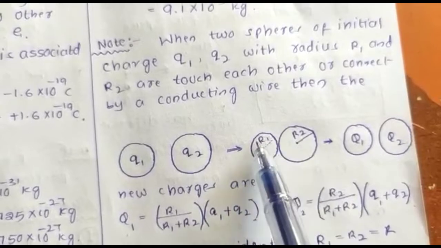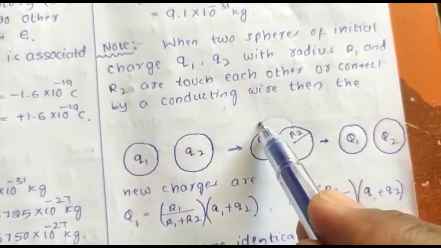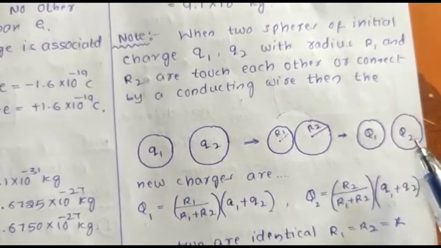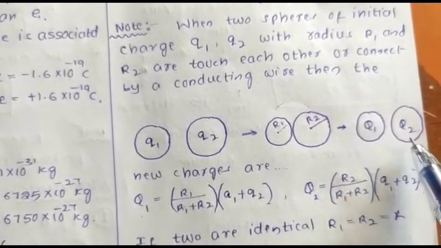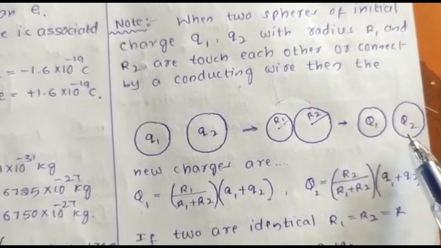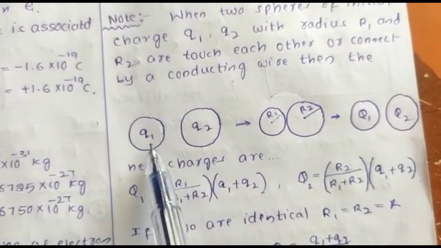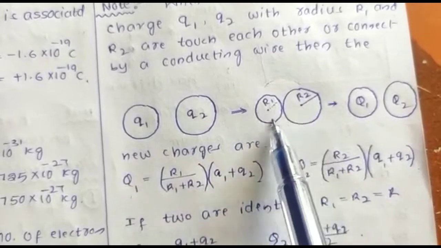When both are kept in physical contact, charge will be transferred from one body to the other, and after sharing, the new charge on the first sphere is, let us suppose, capital Q1, and the new charge on the second sphere is capital Q2. We know the initial charges Q1 and Q2 and the radius of each sphere.